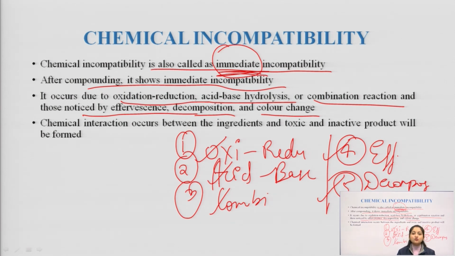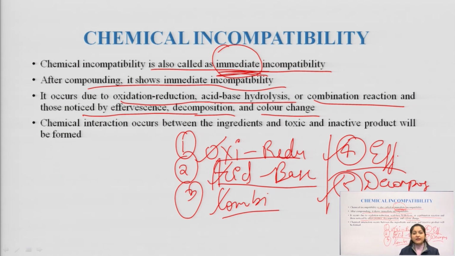As soon as two incompatible substances are mixed together, the resultant is nothing but chemical incompatibility, or evolution of gases, formation of precipitate, or any other phenomena, and these phenomena are majorly due to oxidation reduction, acid base, combination reaction, effervescence or decomposition reaction.